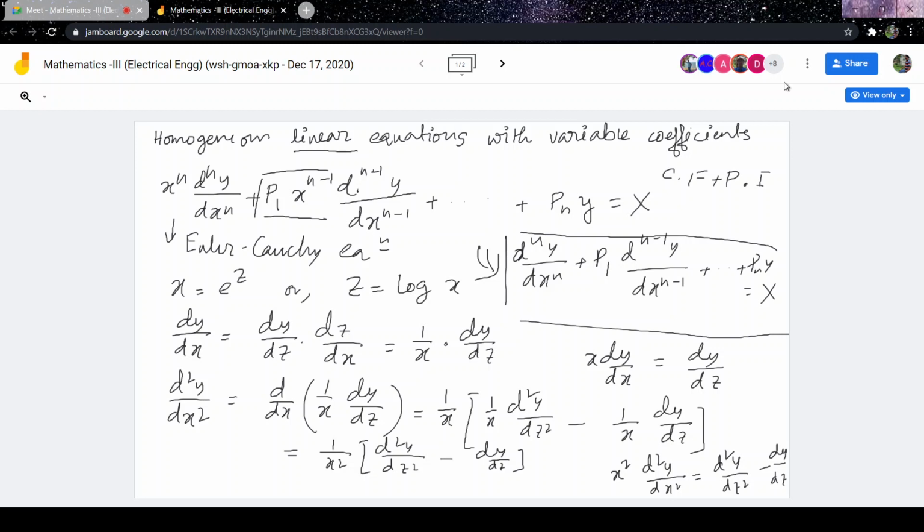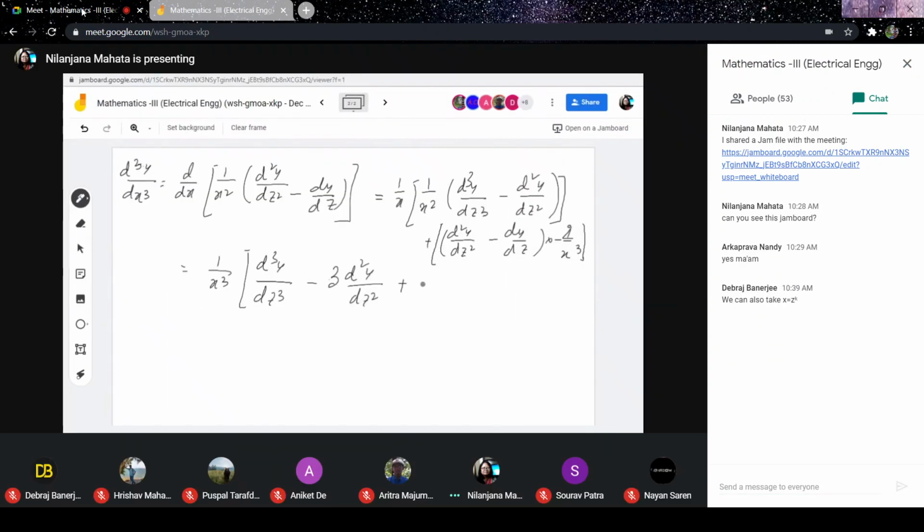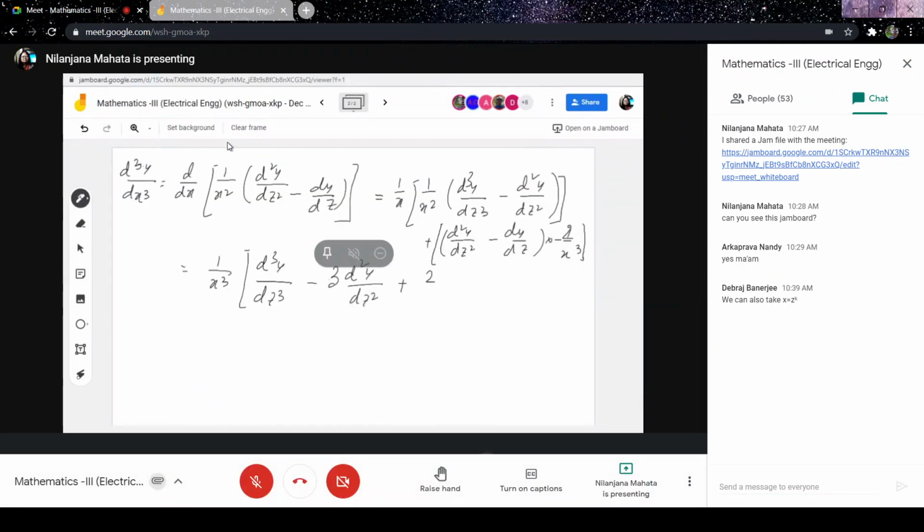This is cube minus 1 minus 2 minus 3 into the square plus 2 d into z minus 1 by x square.